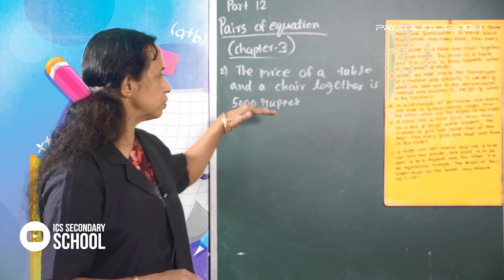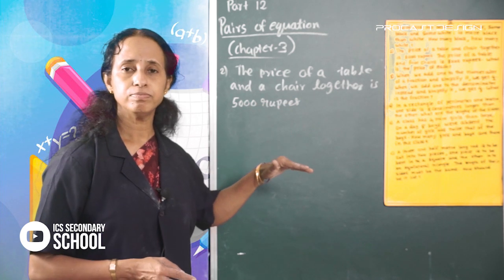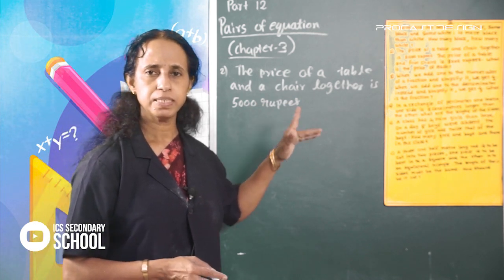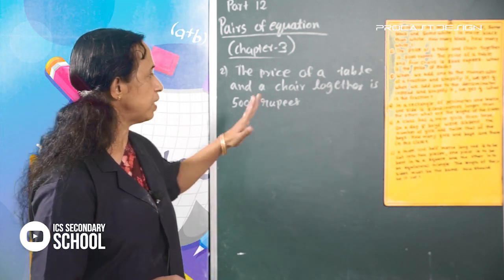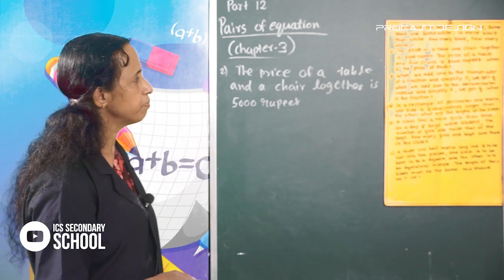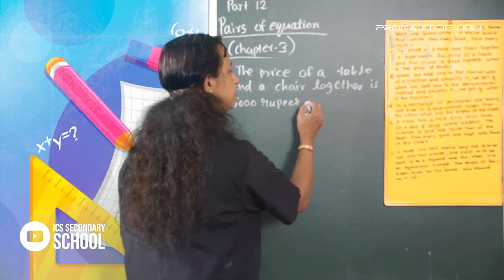The sum of the total amount of chair and table is 5,000 rupees.